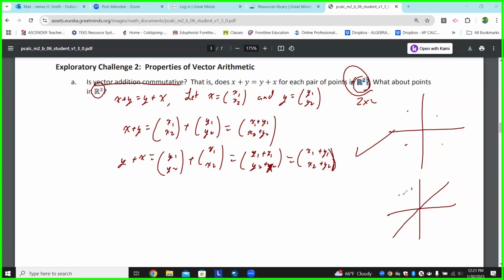But even in a 3-dimensional plane, the vectors that I'm adding will still fall in a plane that I can cut out in space. It'll still land on that same plane.